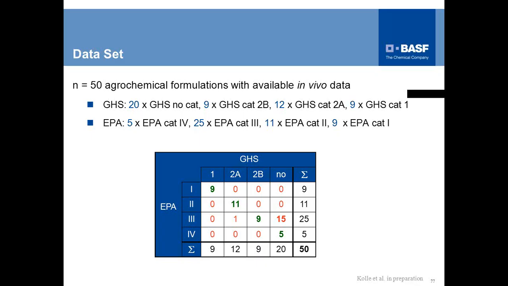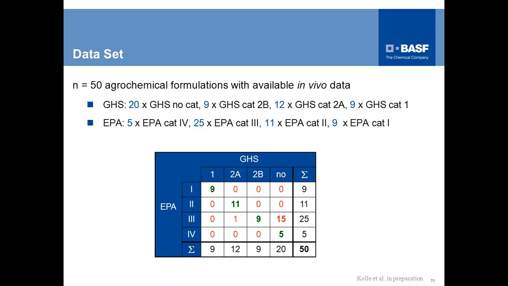Because we've done this assessment in the light of different classification schemes, this slide is summarizing the formulations that have been tested, and it shows that the classification systems are similar but not 100% alike. We have 9 formulations that are GHS category 1 and also EPA category 1.